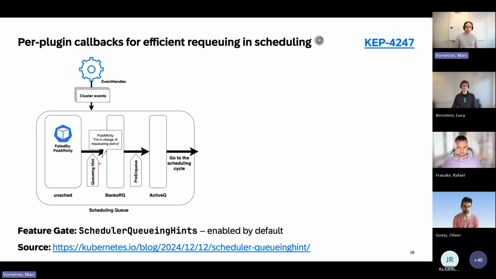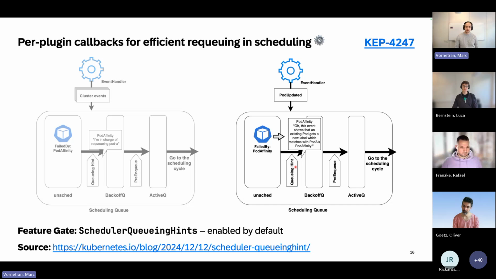This decision is then also recorded. And then if you want to retry this pod for scheduling, it's clear that this queuing hint has to first say, now my condition has changed and we can try this again. So this becomes more efficient since the responsibility is clear in this case. And this feature gate is also enabled by default now.